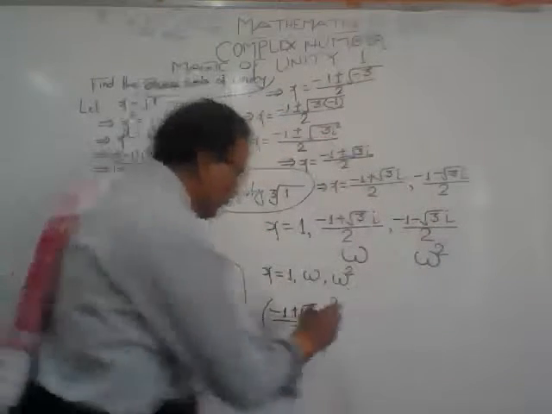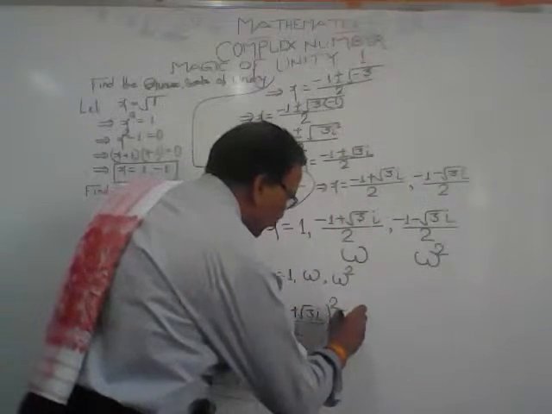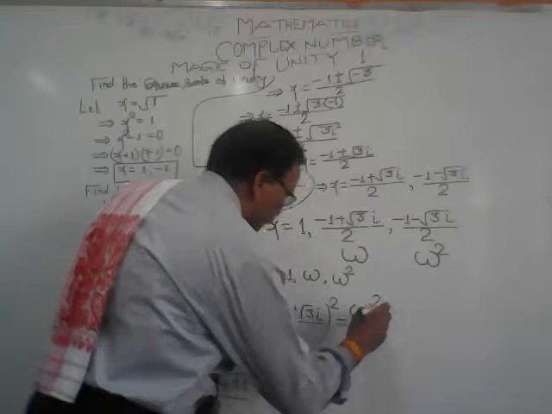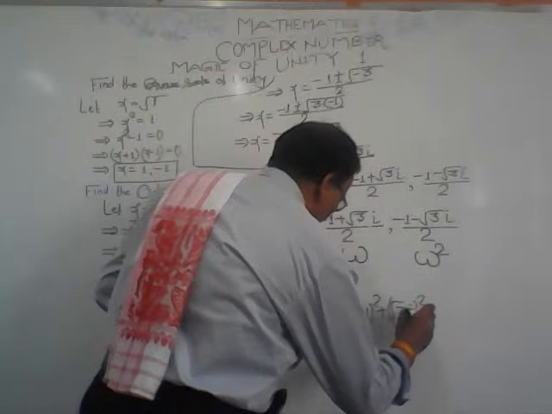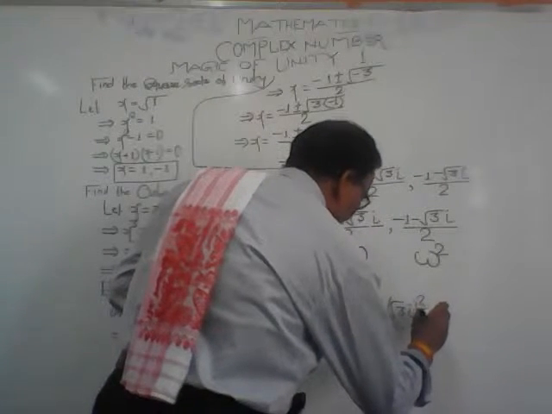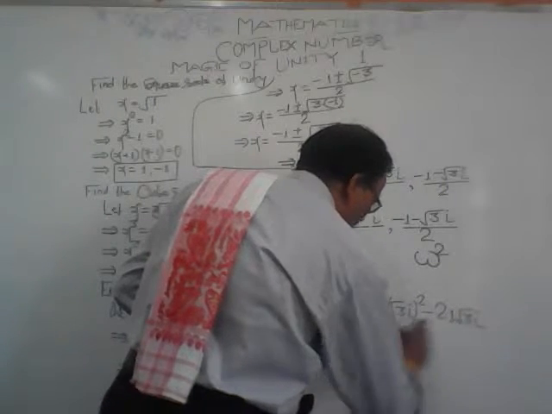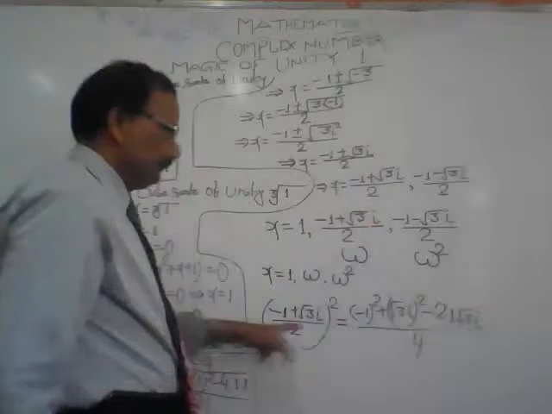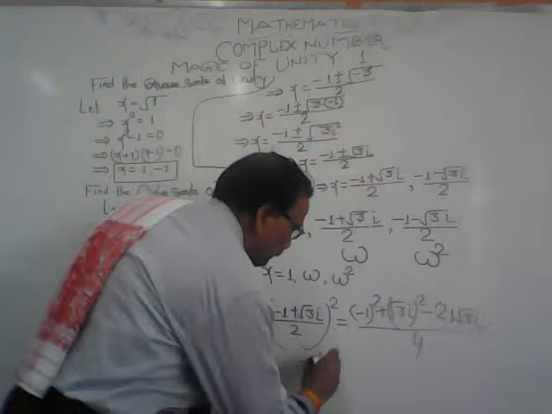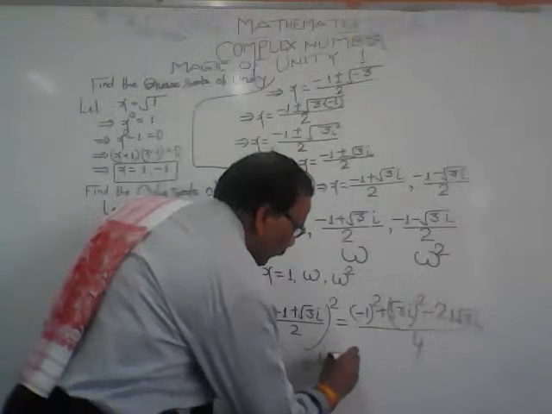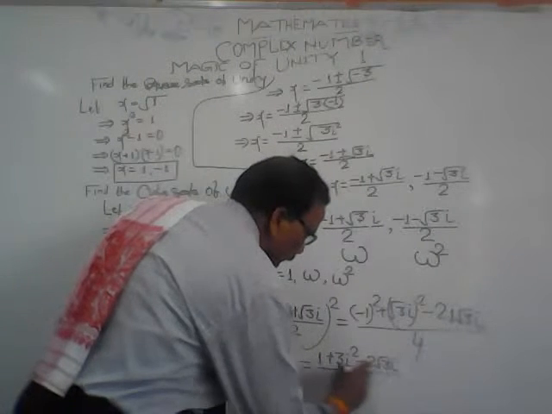See how: minus 1 plus root 3 i, using (a plus b) whole square, is minus 1 whole square plus root 3 i whole square minus 2 into 1 into root 3 i, upon 4. This is equal to 1 plus 3 i square minus 2 root 3 i upon 4.